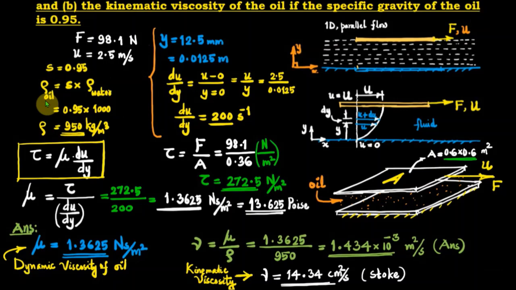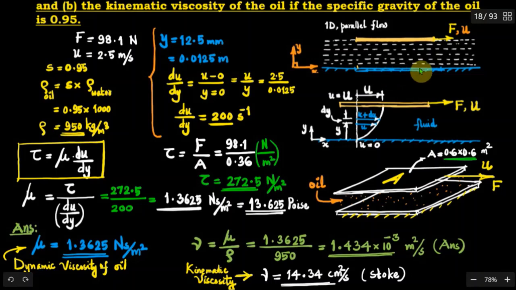Density of the fluid is equal to specific gravity multiplied by density of water. So density of oil in this case is equal to 0.95 into 1000. So you will get density of oil used in the context is 950 kilogram per meter cube. So we got density. Now the distance between the two plates is 12.5 mm. Converting into meters, you will get 0.0125 meters. So we have to find out the velocity gradient now.